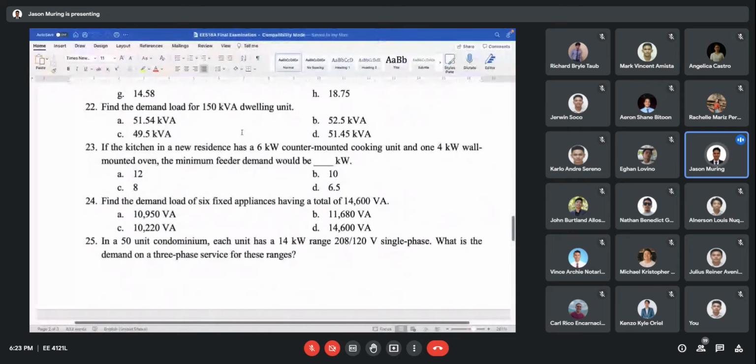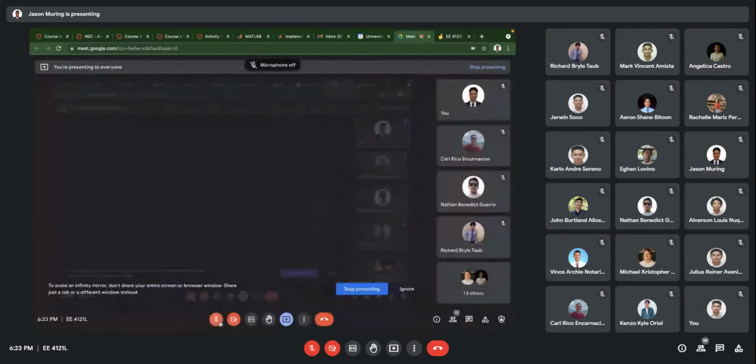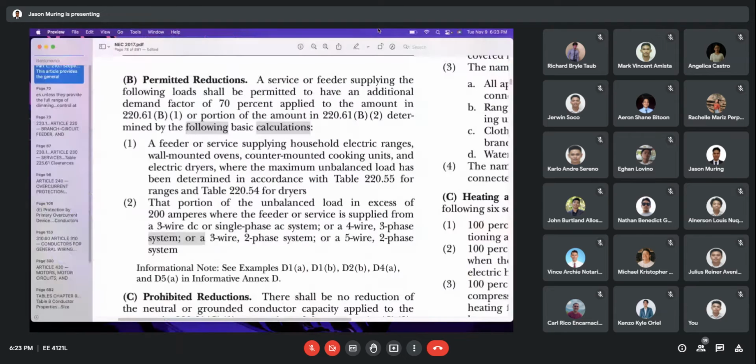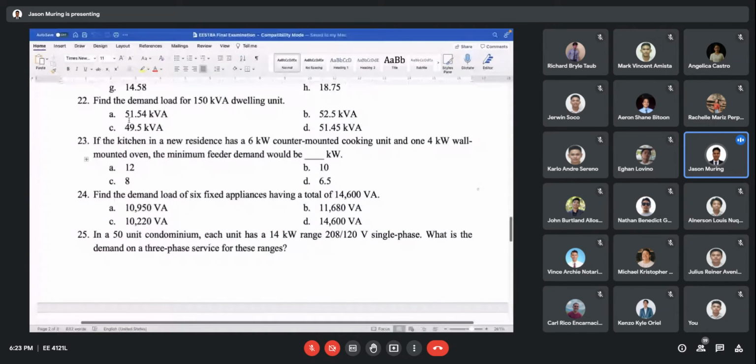For this number 22, find the demand load for a 150 kVA dwelling unit.